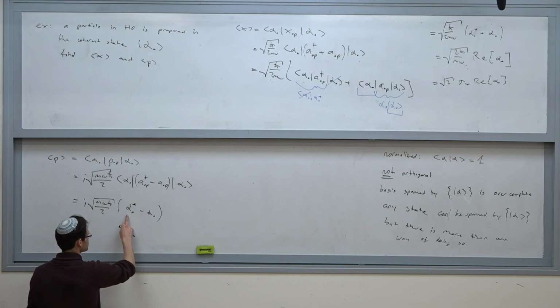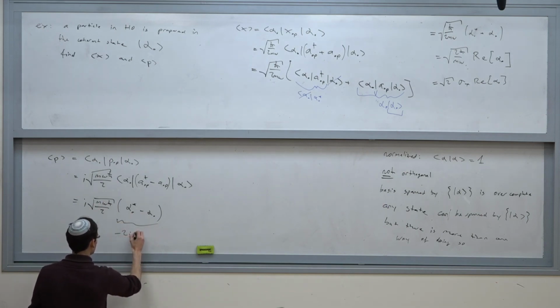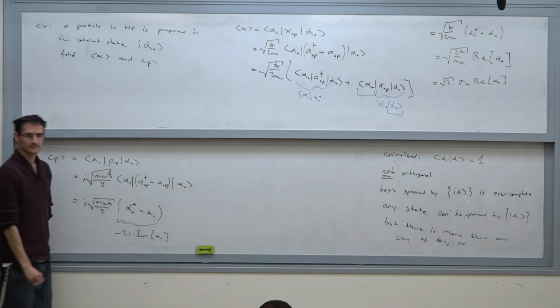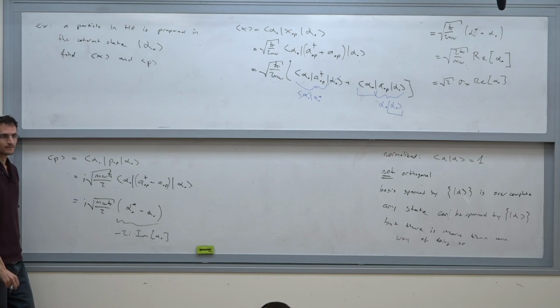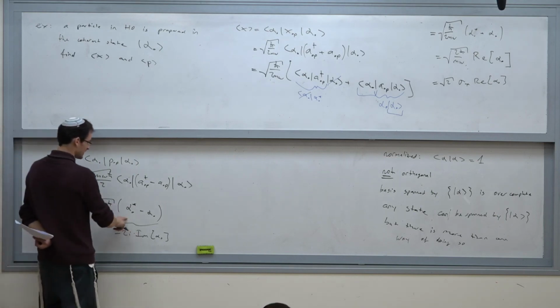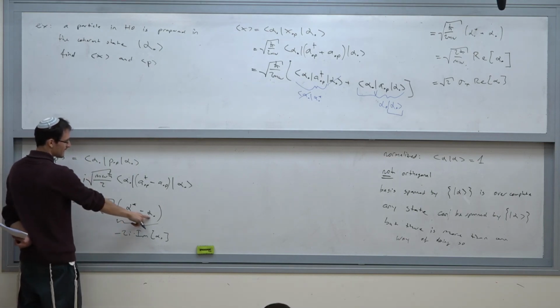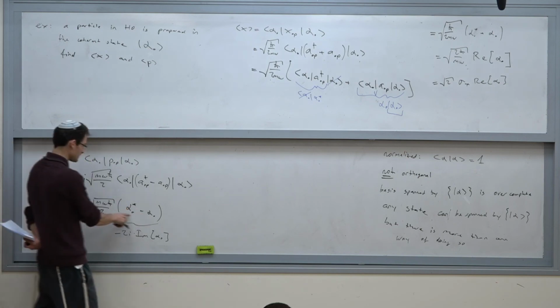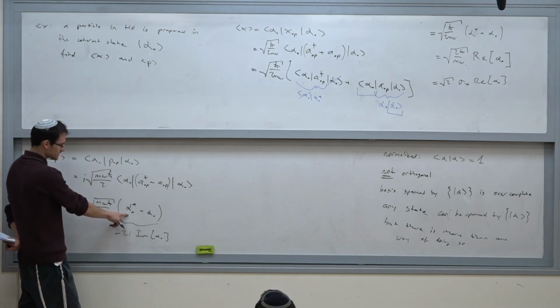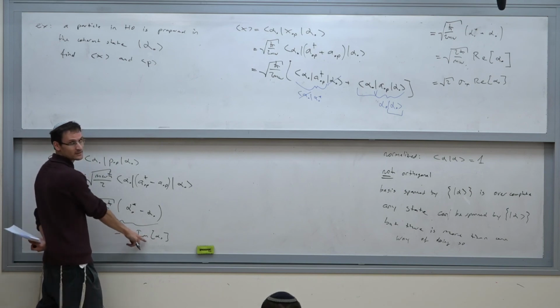This is a complex conjugate minus itself, so this is minus 2i times the imaginary part of alpha 0. If it's hard for you to see these relations, just try to write it out. Say that alpha 0 is x plus iy, and this is x minus iy, and what you're left with is just the y, so the imaginary part.